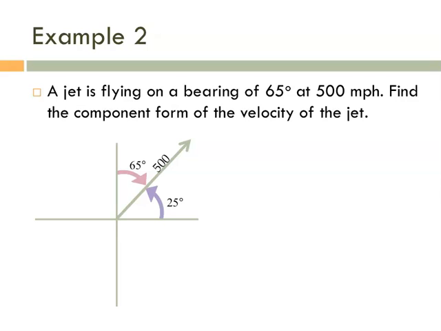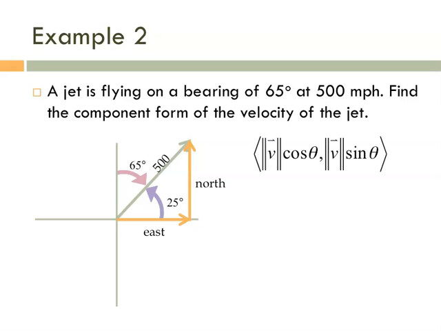Now we need to find the component form of this jet. Really what you're finding is the east component and the north component, which are your x and y components. Let's remind ourselves what we wrote down in the past couple of lessons. The magnitude of v times cosine theta is your x component.